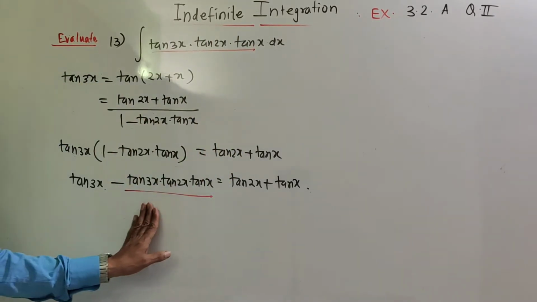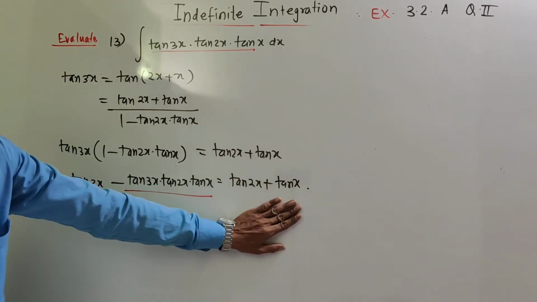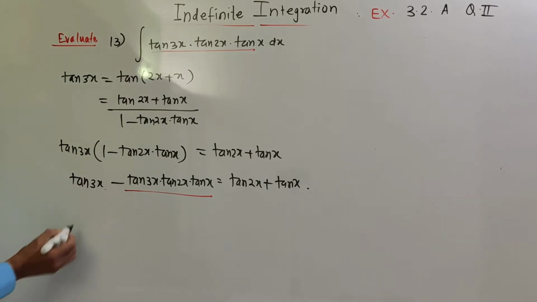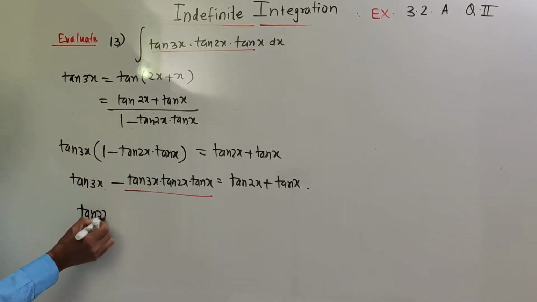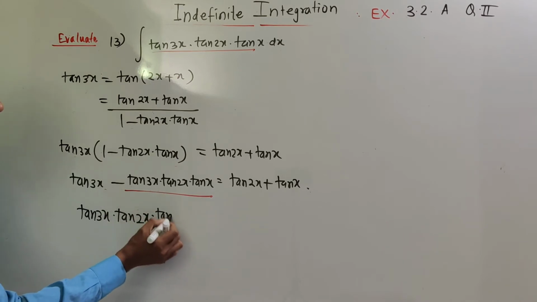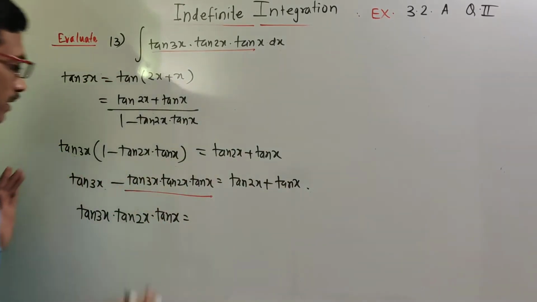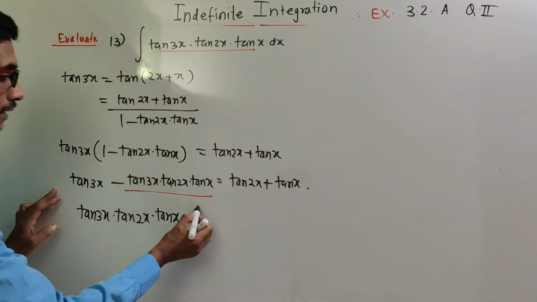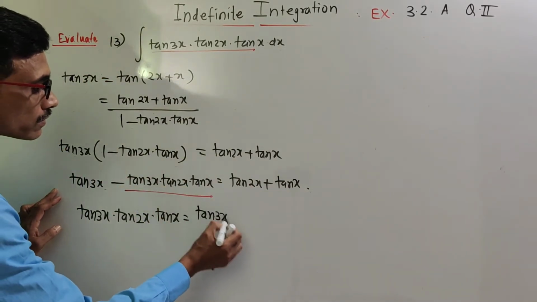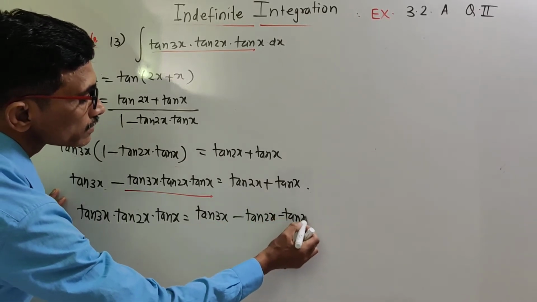So this we take in the right hand side और ये टर्म लेफ्ट हैंड साइड में लेंगे, so that tan 3x into tan 2x into tan x will be equal to, ये आप राइट हैंड साइड में लेते हैं और ये लेफ्ट हैंड में, so you will be getting tan 3x minus tan 2x minus tan x.